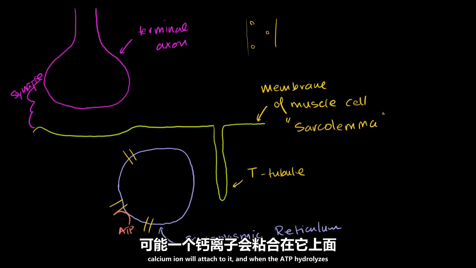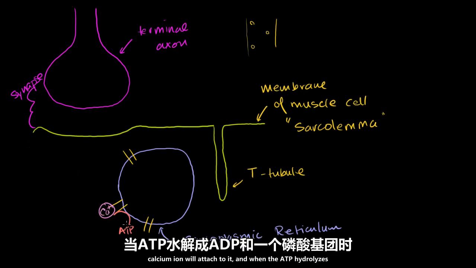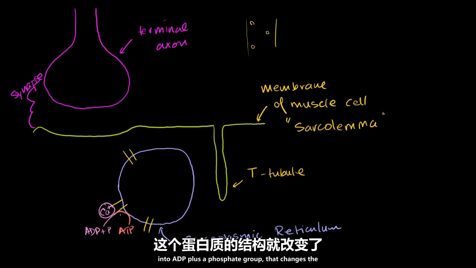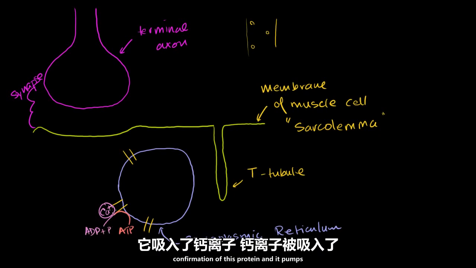I'll do the calcium ion in pink. And when the ATP hydrolyzes into ADP plus a phosphate group, that changes the conformation of this protein, and it pumps the calcium ion in. So the calcium ions get pumped in.